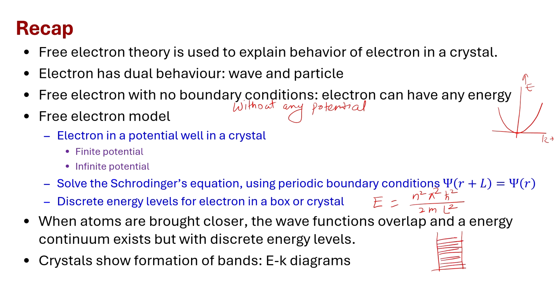Up to the Fermi level we can have as many as 10 to the power 23 states, so you can say 10 to the power 23 atoms. The gap between each of these is approximately 10 to the power minus 23 electron volts. So, they are in some sense continuous, but each of these energy levels is discrete. And as we will see today, the crystals show formation of bands. So, in addition to quantization of energy, they show bands.